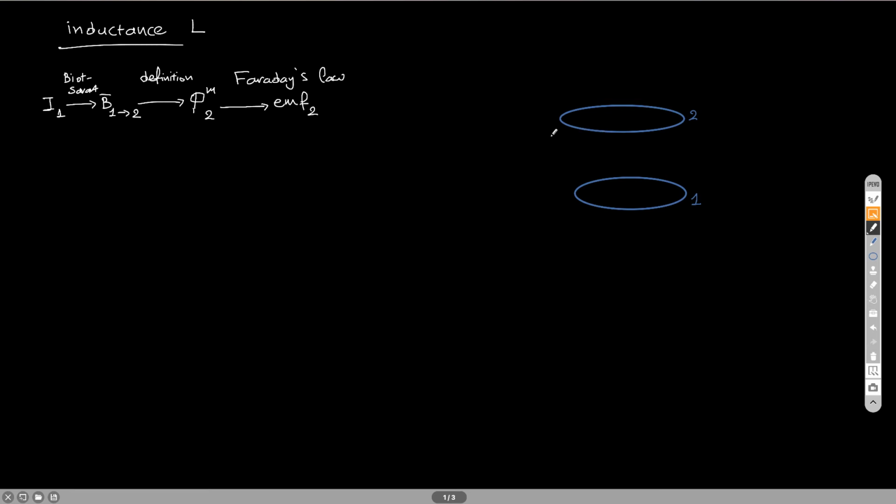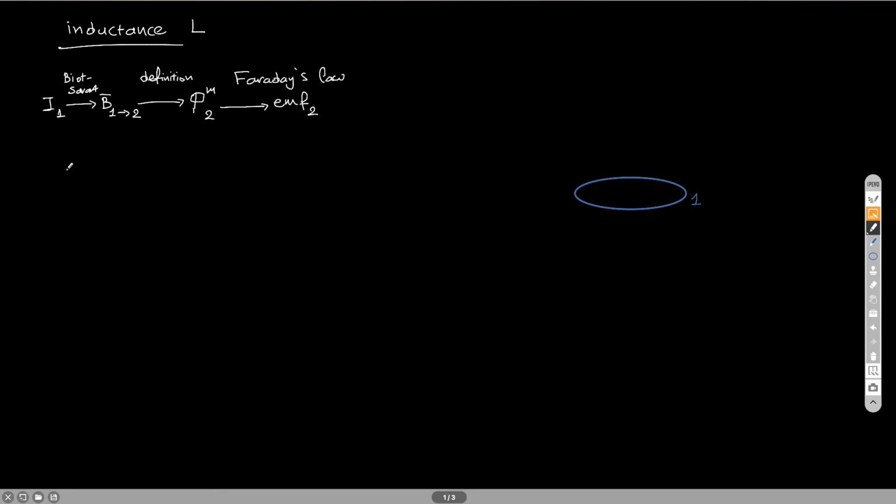Now here's the thing. For the concept of inductance, there is no loop 2. Everything takes place around loop 1. There is only one wire and that's it.